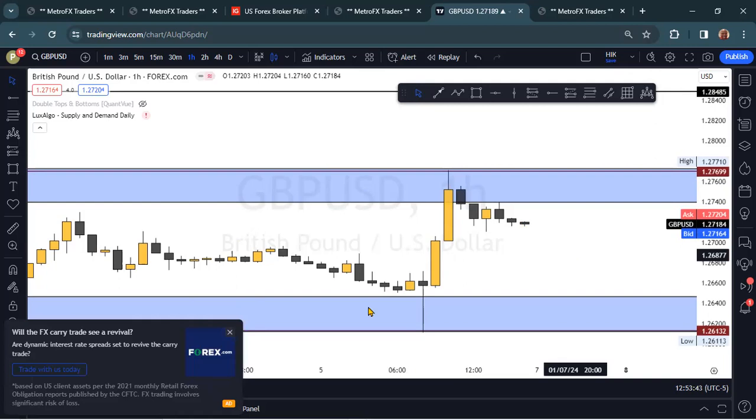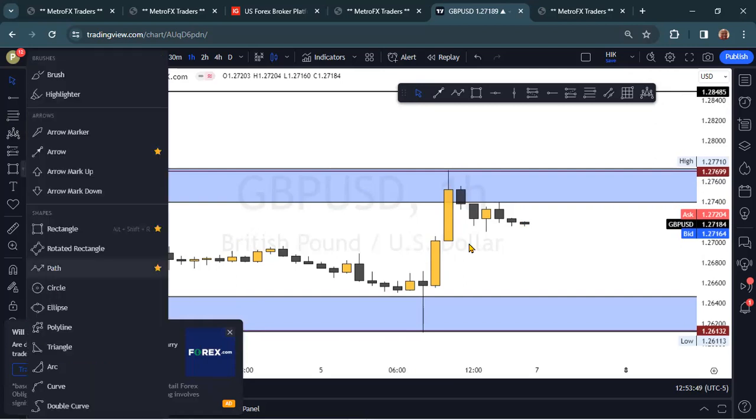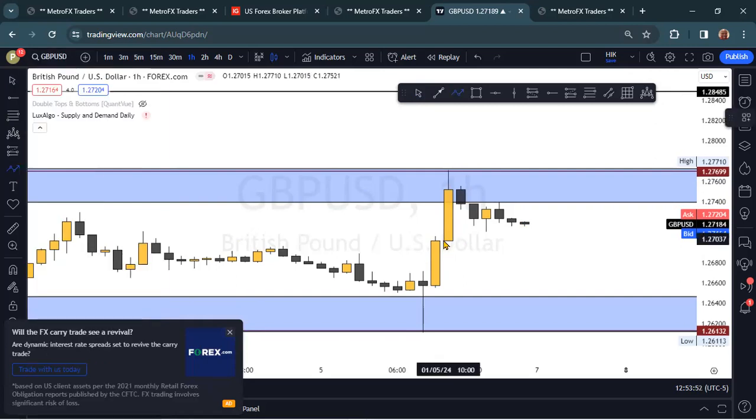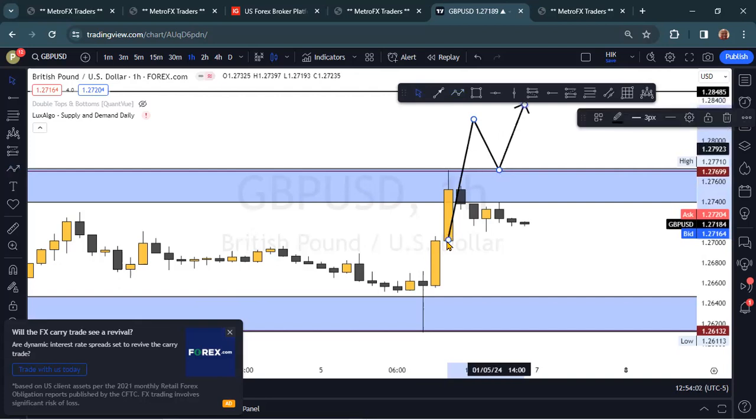Now if the market broke this area, you want to wait for a retest and then come back up like that. But it didn't, because then it would have created new support and resistance levels.